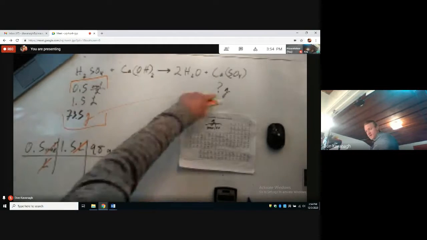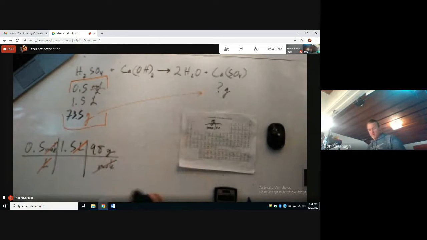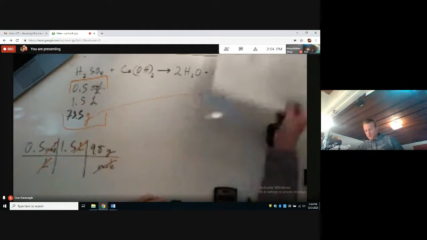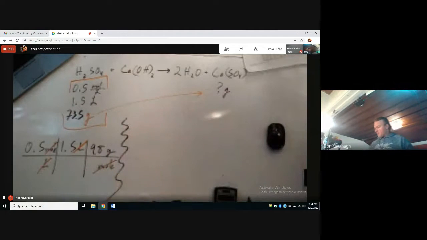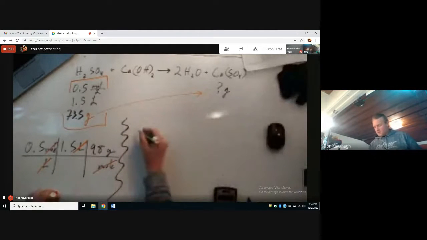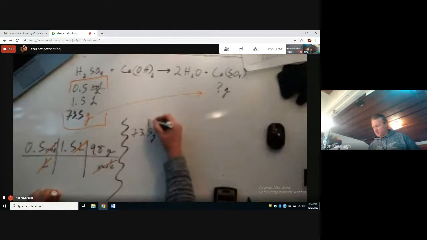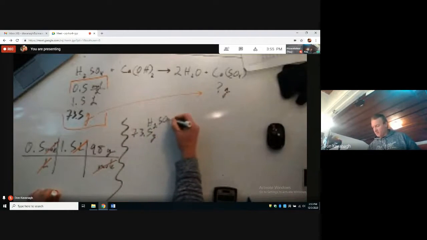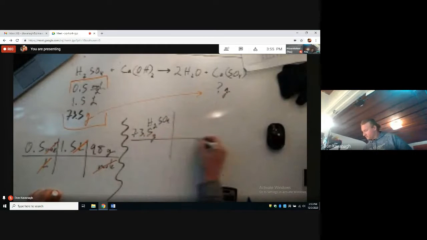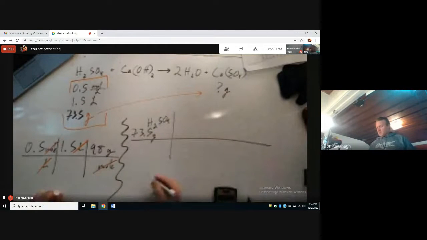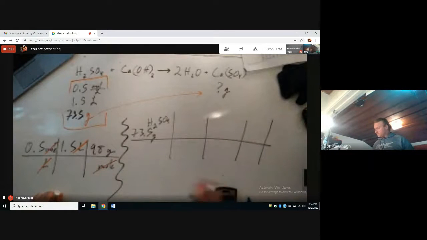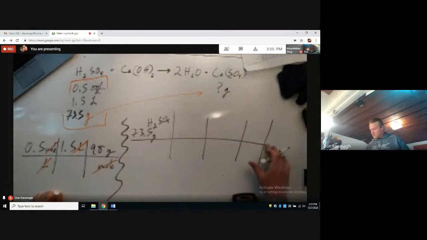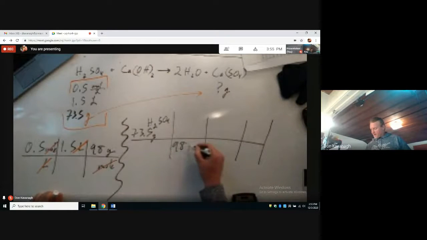How many grams of calcium sulfate could be produced? This is a grams to grams type problem now. I'm going to kind of divide my paper up here. 73.5 grams of H2SO4, 98 grams per mole.